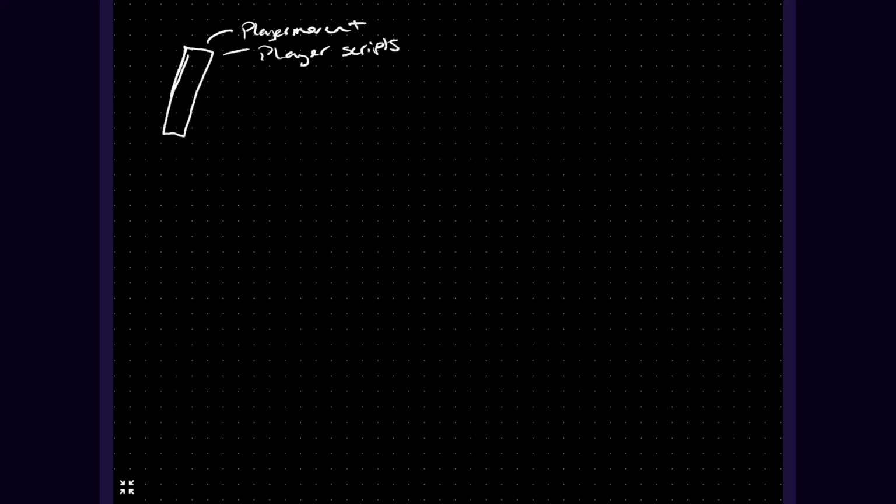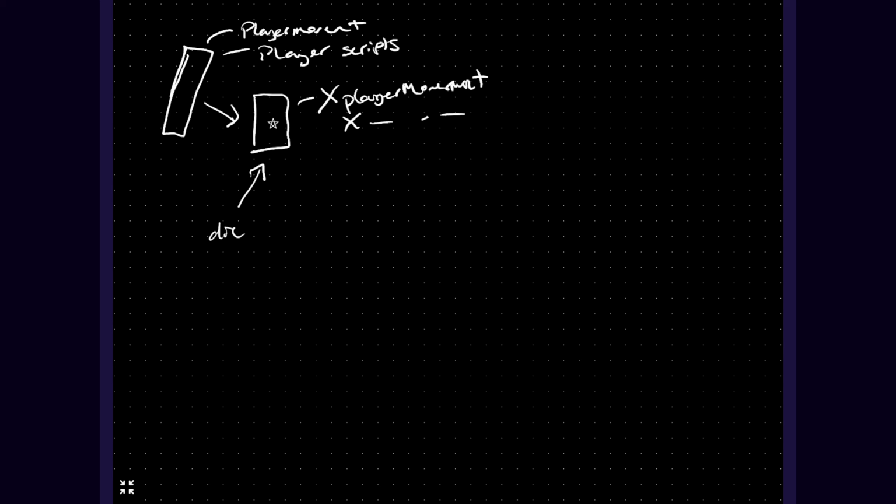And then say your player dies at a position here. What I did in the Getaway Shootout is actually remove all the player scripts. So we disable the player movement and disable all the other player scripts attached to this game object.